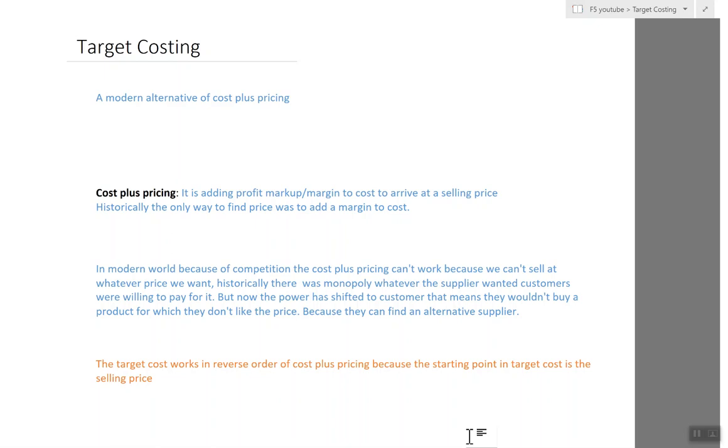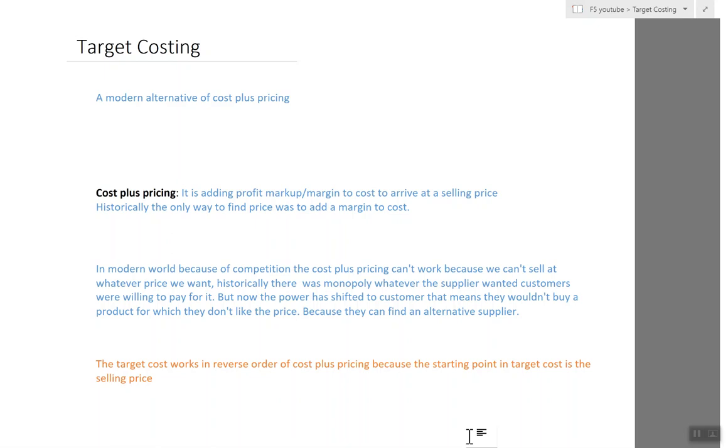So the starting point should be the selling price. Whenever we want to start selling a product, or even whenever we are starting a business, the first thing we should have in mind is what is the selling price of the product that we are selling.